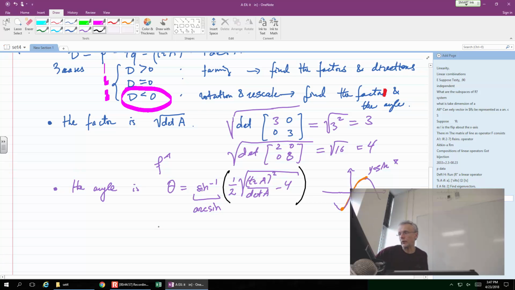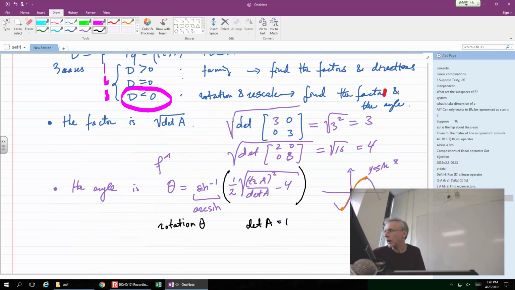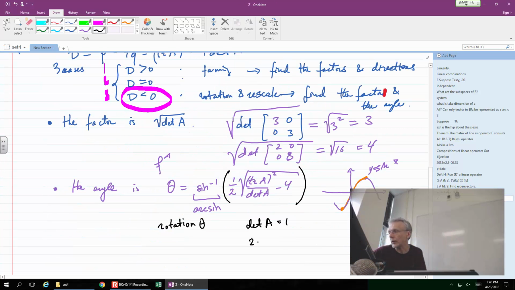Okay, so let's confirm for rotation. So if this is rotation through theta, then we know the determinant is equal to 1, okay? And the trace is, what is the trace? 2 cosine theta, right? So it will be 2 cosine theta squared minus 4, 1/2 arc sine.